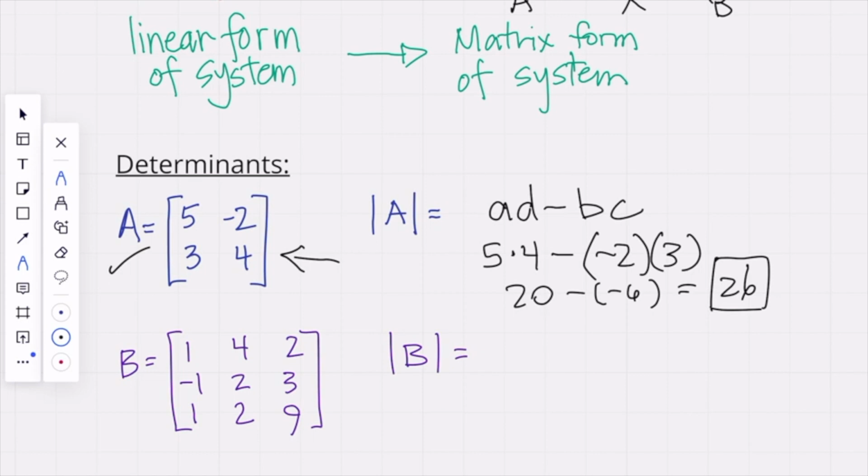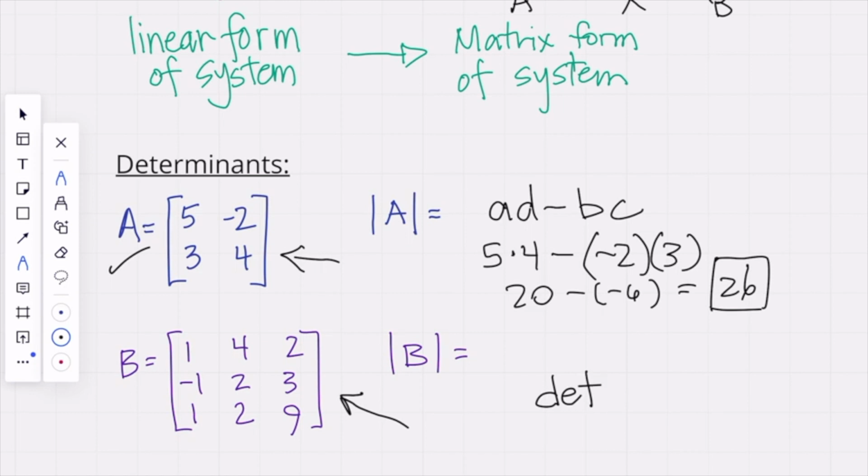The only thing that I'd like you to be able to do by hand is a determinant of a 2 by 2. The 3 by 3s are not difficult, but they're a little more time consuming, so just get that from your calculator. Again, you input the values in a 3 by 3 matrix for matrix B, then go to your math menu in the matrix menu, and you should see a command called DET, which stands for determinant.